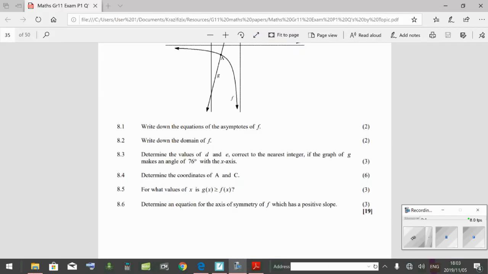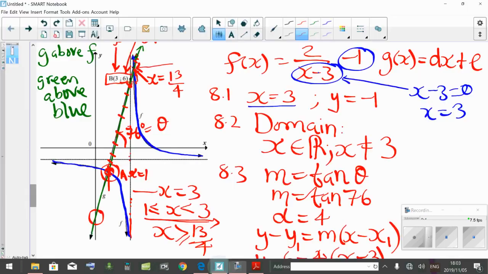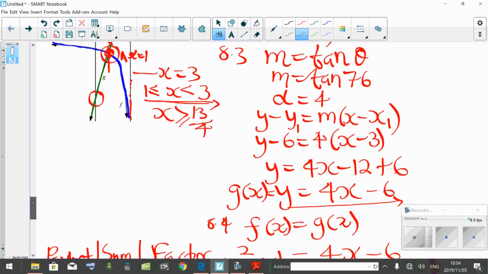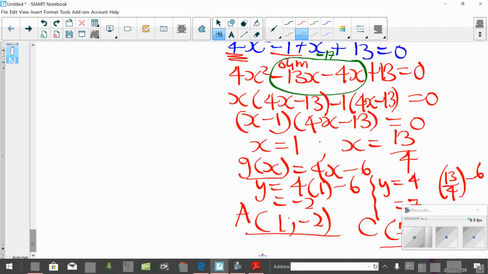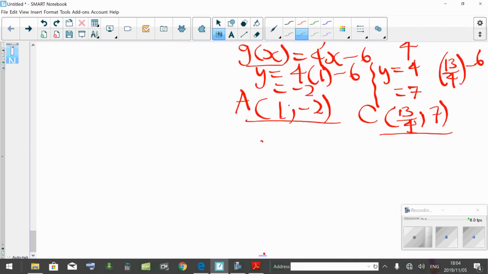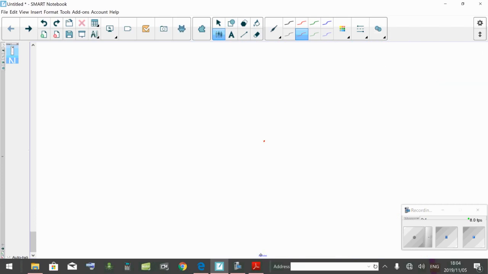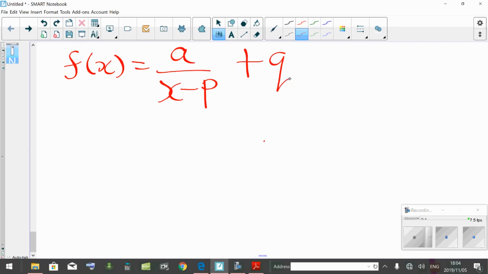The final question asks us to determine an equation for the axis of symmetry of f which has a positive slope. Please refer to part 1 of this video, where I give the equations of the axis of symmetry, the fastest way to get them. But in case you find it hard to remember, let me see if I can help you. Remember, a hyperbola is written as a over x minus p plus q.